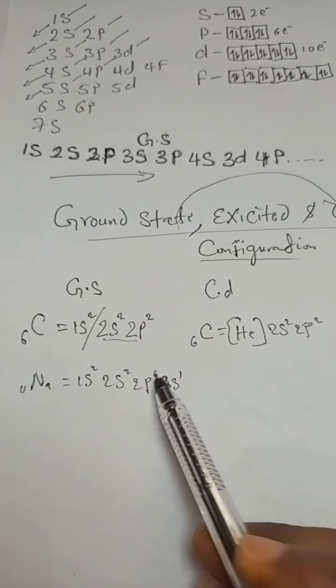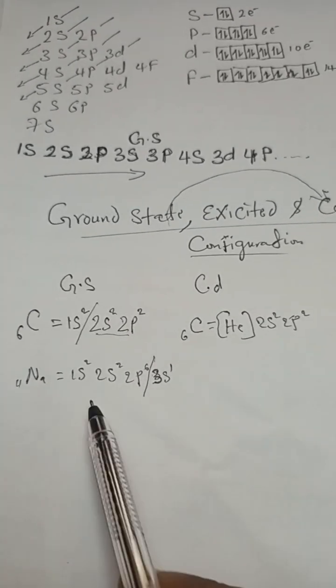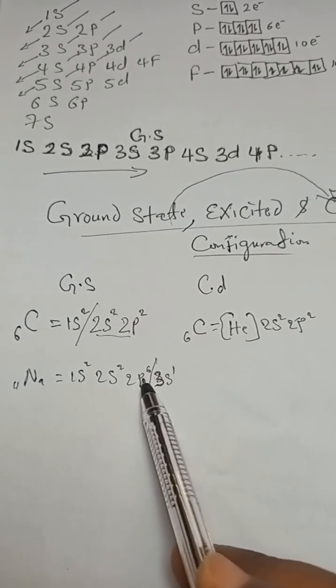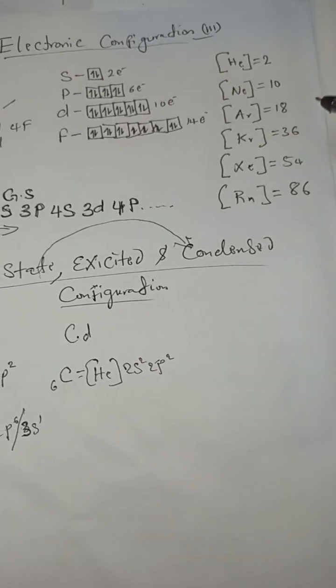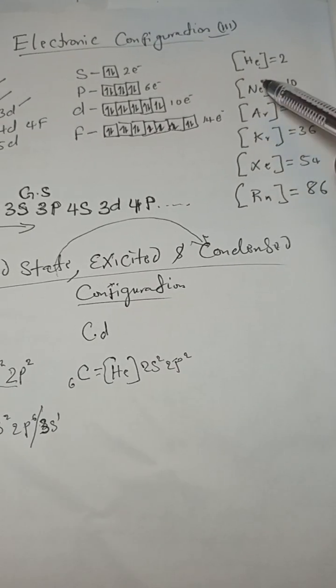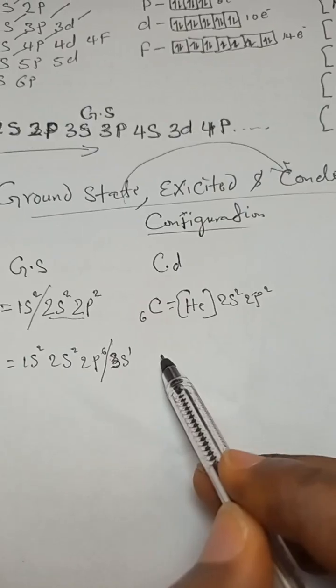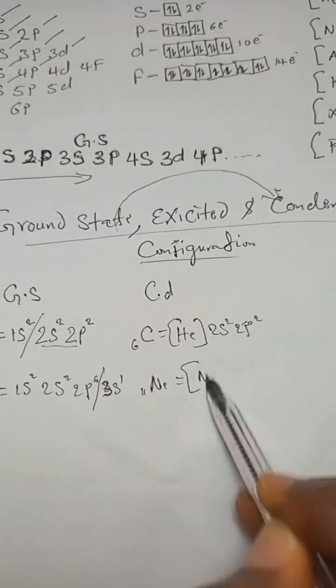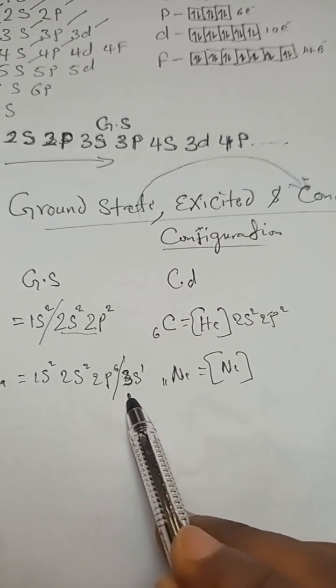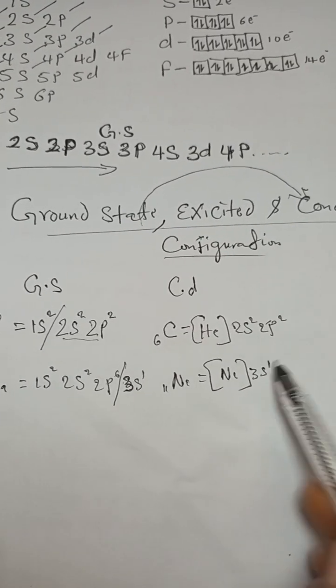What are we left with? 1, 2, 3, this is 10 electrons. So we go back to the noble gases. Which one has 10 electrons? Neon. So for sodium, we bring down neon, Ne, and we write the remaining 3s1.